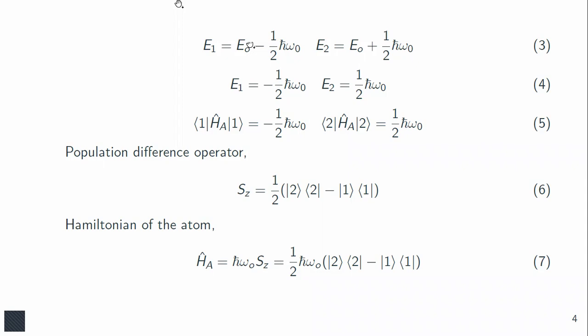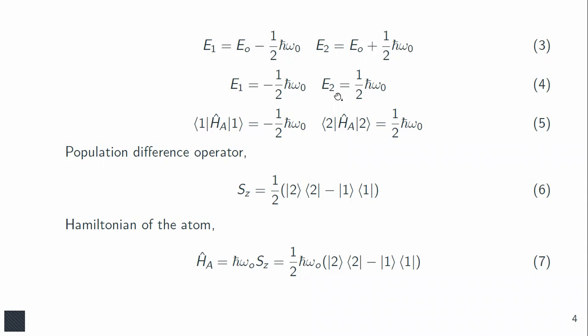So the energy becomes as in equation 4, where the ground state has energy minus 1 over 2 h bar omega naught, and the excited state has energy 1 over 2 h bar omega naught. These are just the expectation values of the Hamiltonian with the respective eigenstates, as given in equation 5.